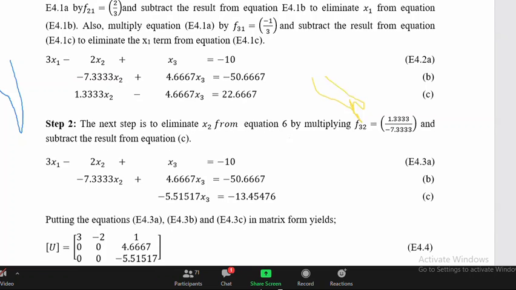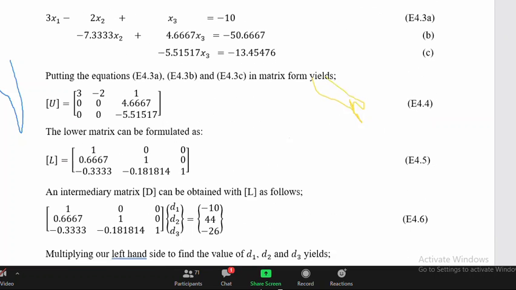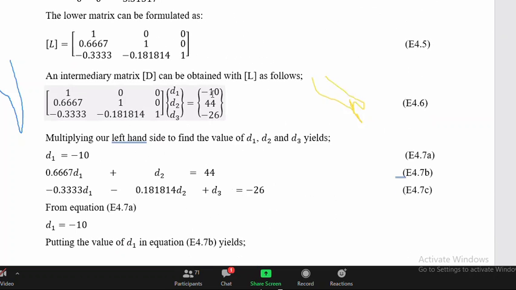So watch out. Using D and the original B given, we want to calculate D1, D2, D3, which will give us the modified B using Gauss elimination. So if you use this equation, we want to calculate D1.